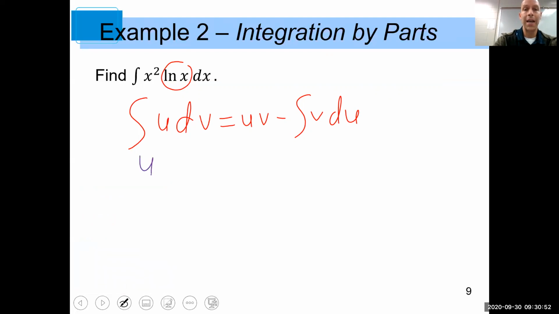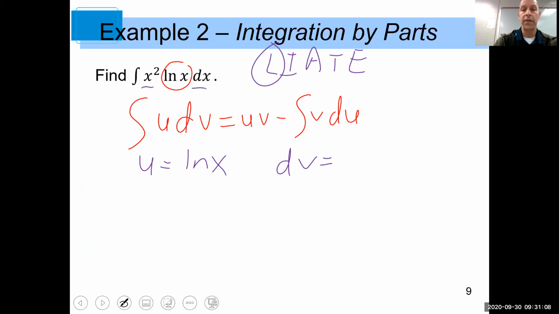Well, LIATE says the first thing we want to look for is a logarithm, and it's right there. So we're going to let u be the ln of x. If that's u, then what's dv going to be? Well, dv has got to be all this other stuff. So it's got to be x squared dx.